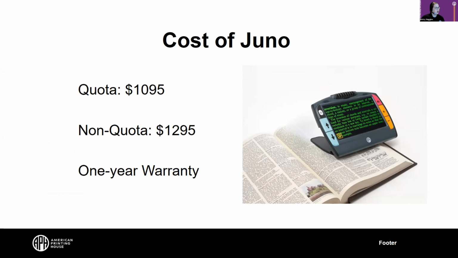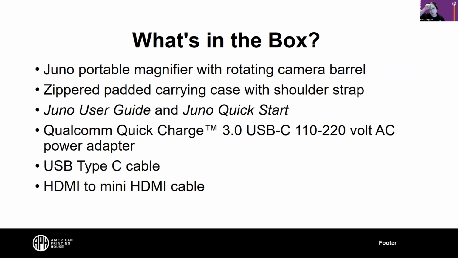So we'll close out on what's in the box, and just let us know what the Juno will come with when it's available for purchase. It will come with that zippered padded carrying case, the Juno magnifier itself, obviously.